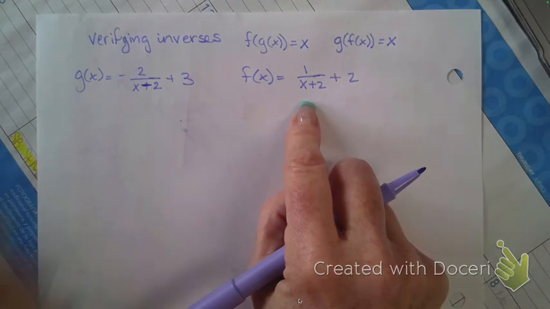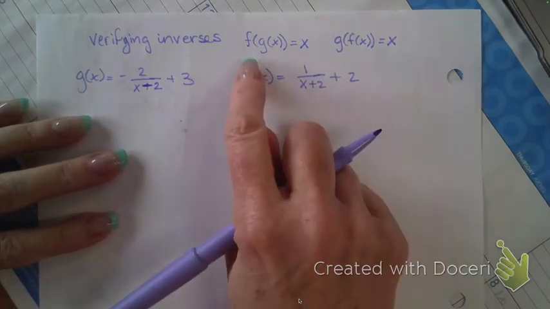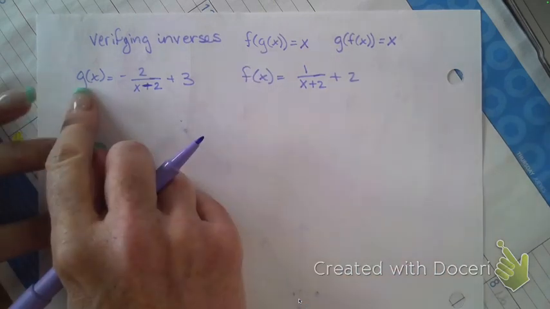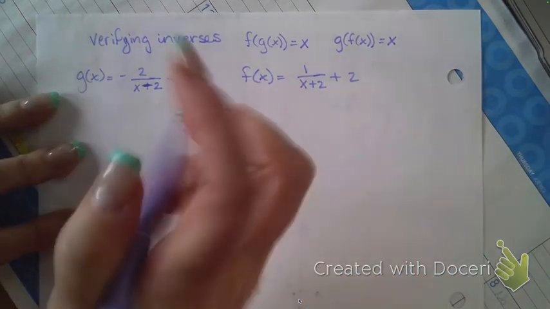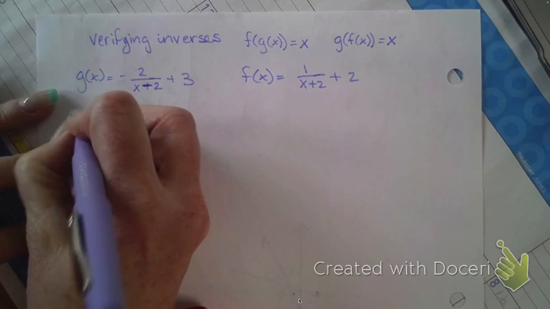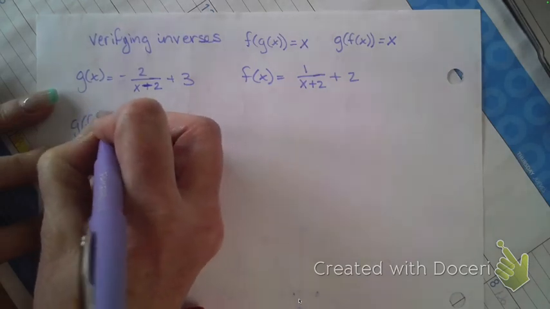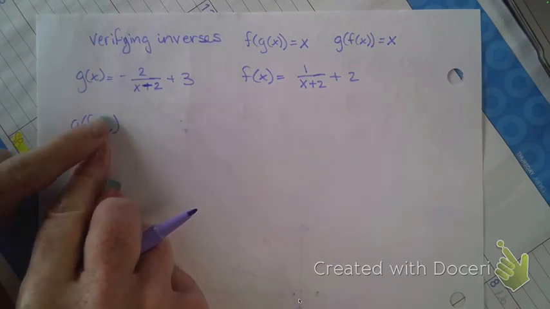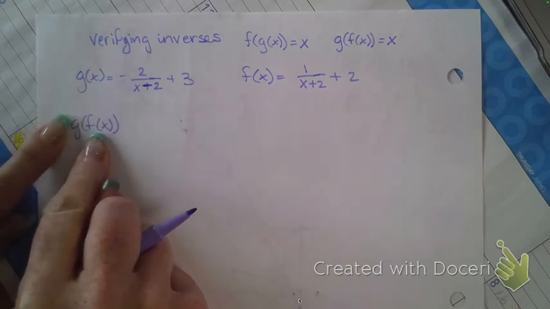Yeah, they should. So it doesn't matter which one I do first. I got g of x listed first, so I'm just going to do g of f of x. So that means I'm putting f into what? G for every x that I see. Every single one.